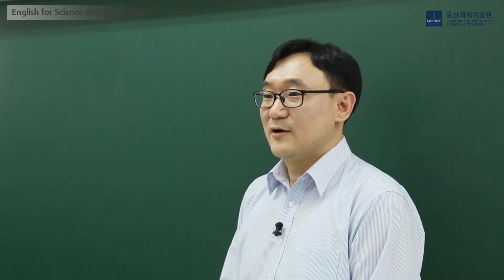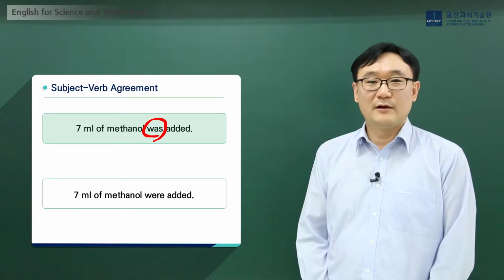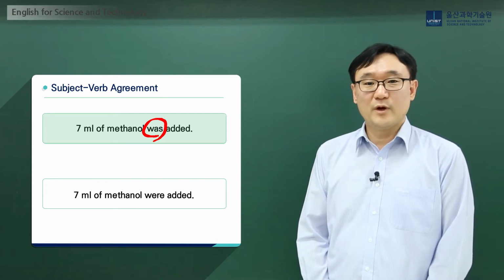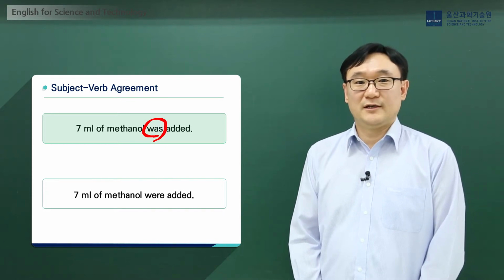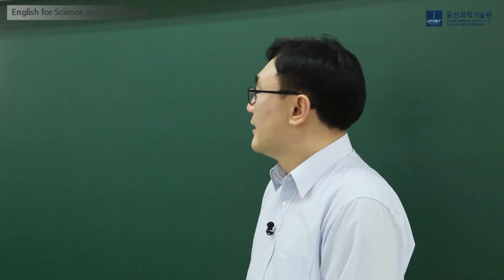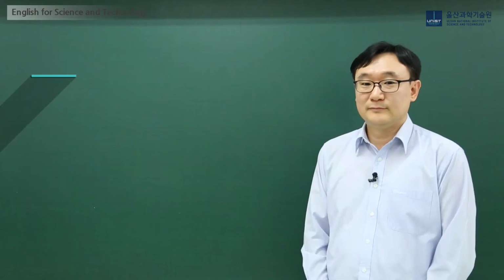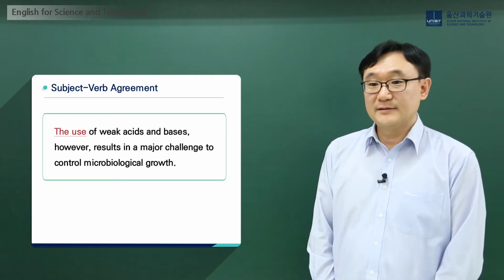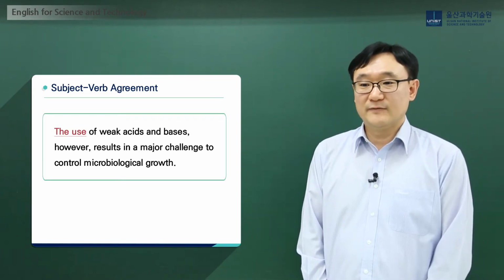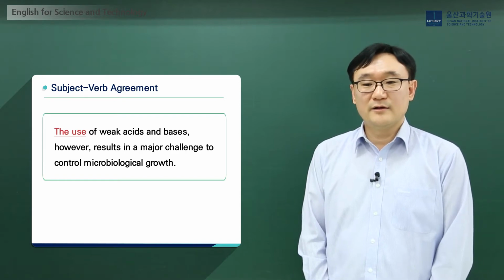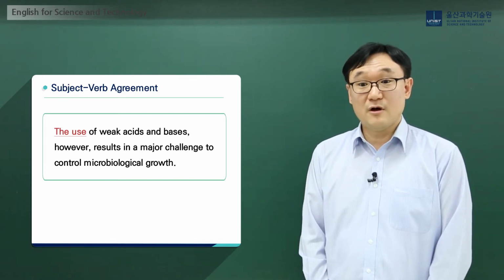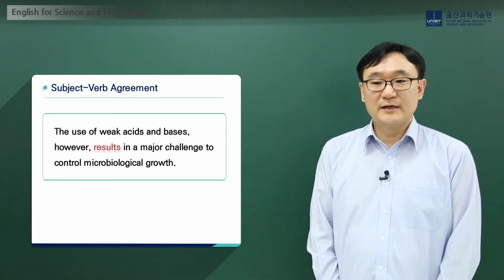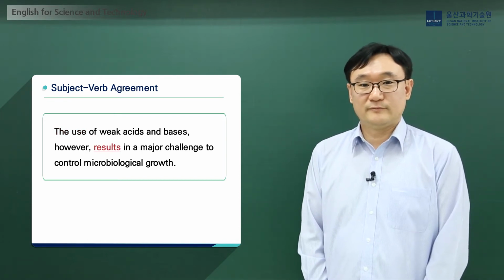Just like that, we have to use grammar not by the grammar rule itself, but we have to use it logically. In this example, the use of weak acids and bases are not the subject of the sentence, but they are the objects of the preposition of. That's why the verb result is in singular.